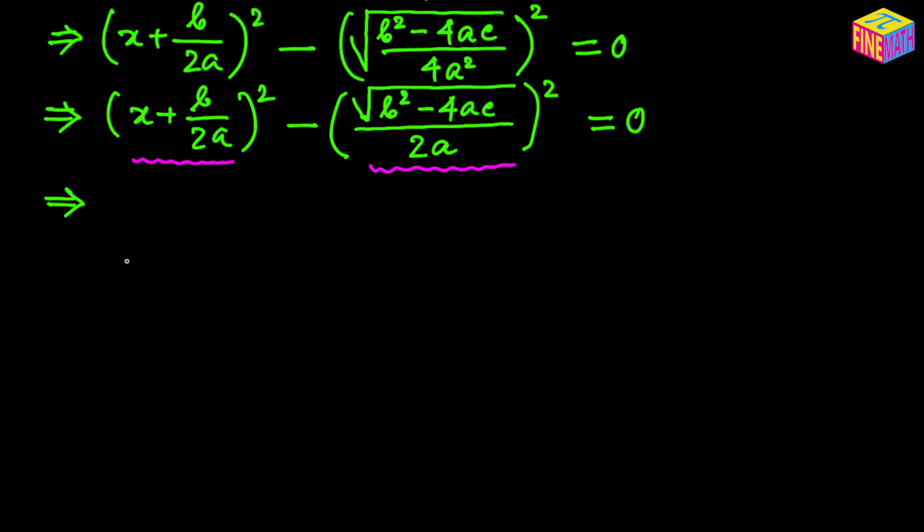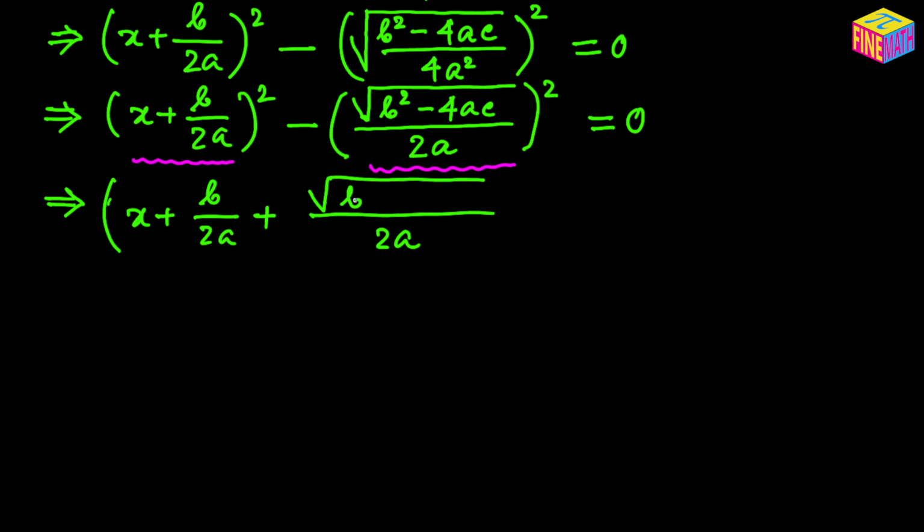So from here we can say, okay, so this is actually equal to, let me continue with the same color. So this is actually equal to x plus b by 2a plus this second quantity here, which is root over b squared minus 4ac over 2a, right?